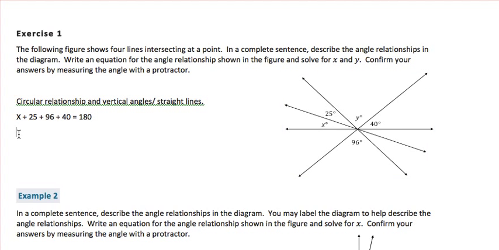We'll combine our like terms, which gives us 161. And so it follows that x is equal to 19. Remember, we knew that y is equal to 96 degrees because it is a vertical angle to one that's already there.